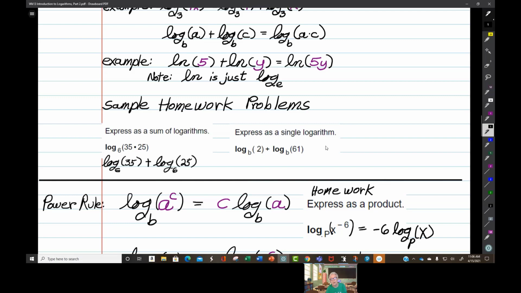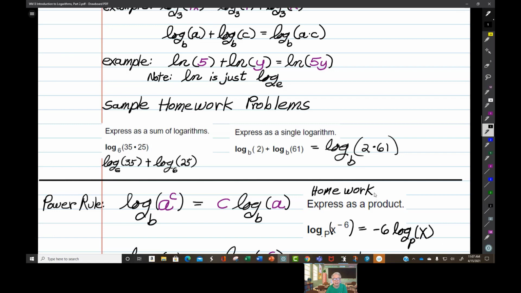And over here, the other way around is also true. Log base b of 2 plus log base b of 61 is going to equal log base b of 2 times 61.